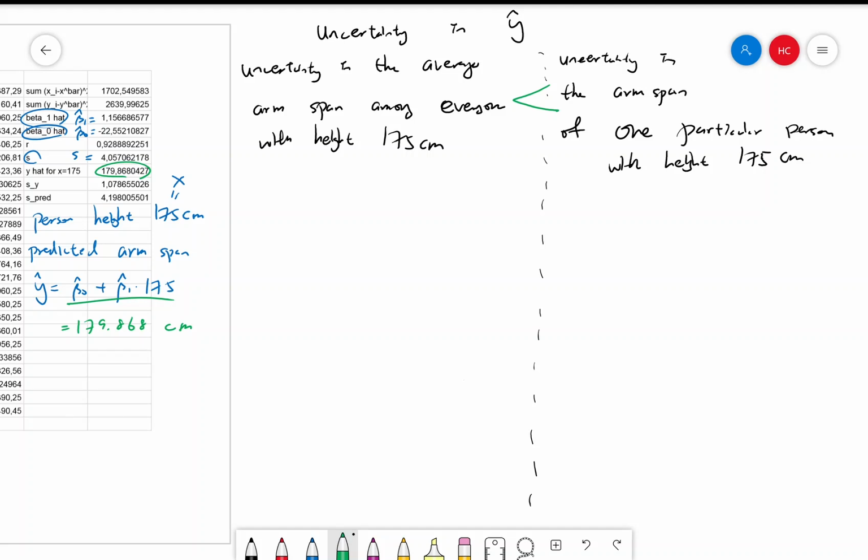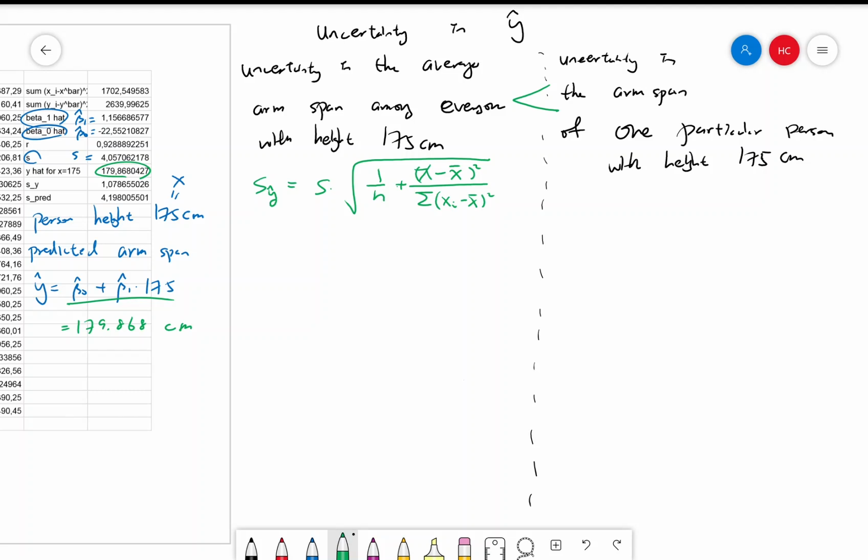Okay, the quantity of the uncertainty on the left is called s_y hat. It's given by the formula s times the square root of 1 over n plus (x minus x bar) squared over the sum of (xi minus x bar) squared.